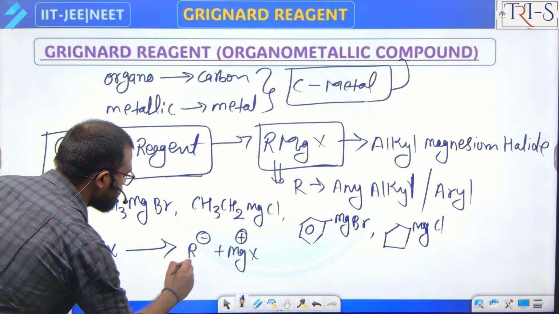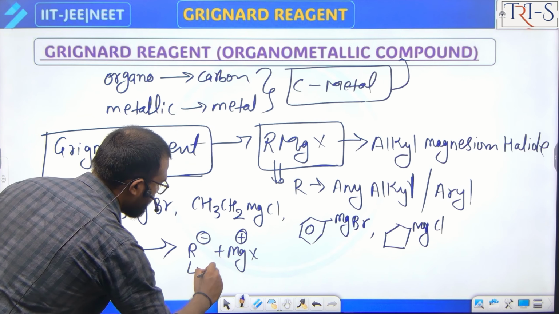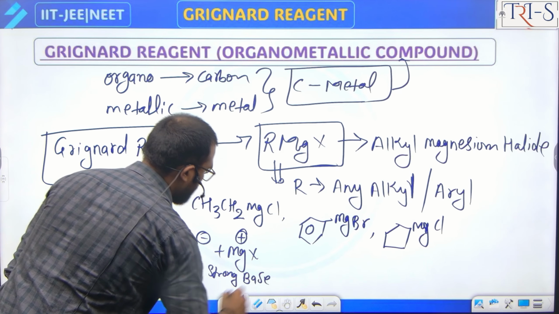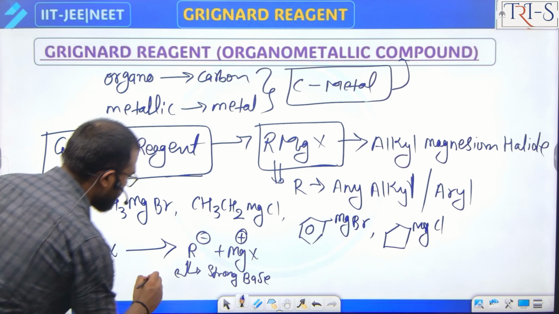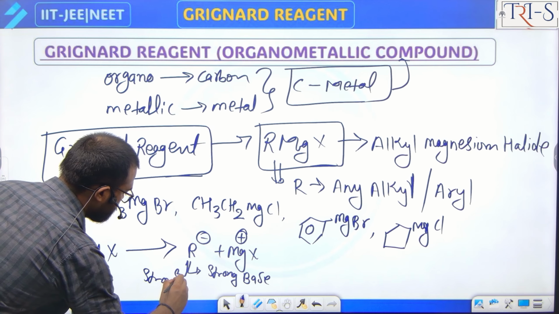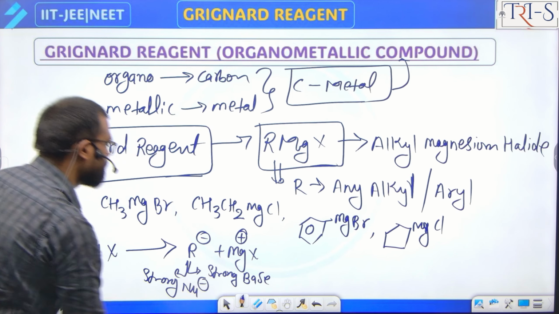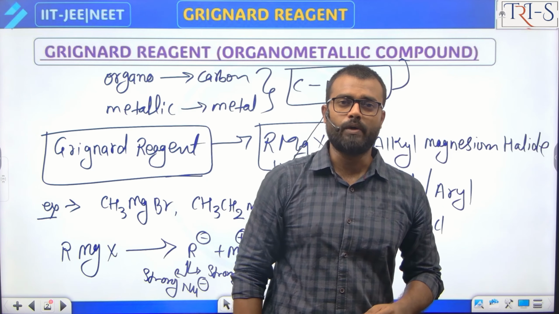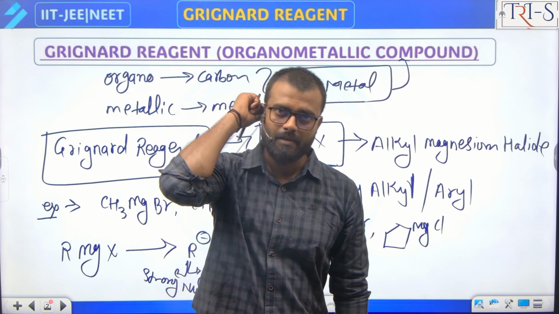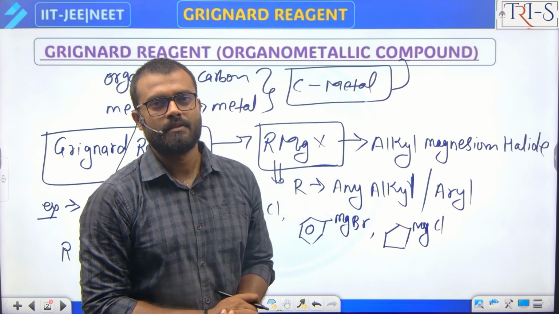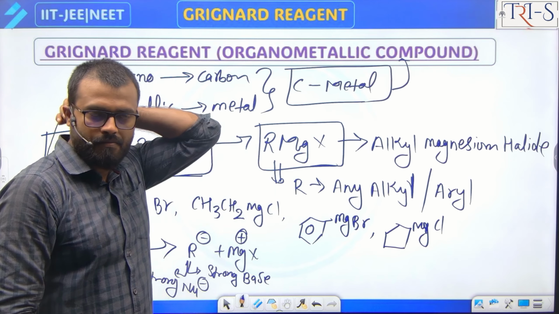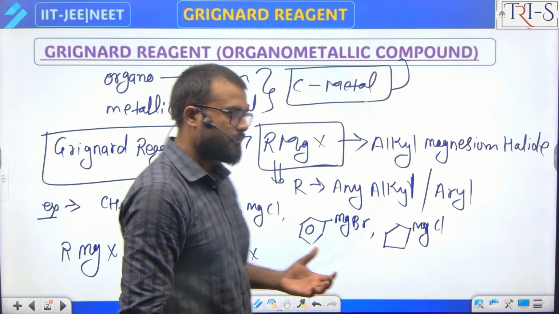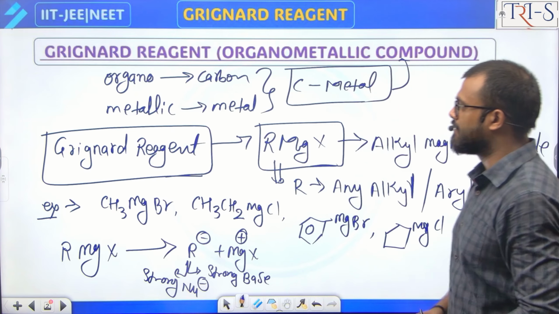This R minus acts as a strong base as well as a strong nucleophile. So generally it gives two types of reaction: one is acid-base reaction and another is nucleophilic reaction. We will see further what kind of reactions Grignard reagent can show.